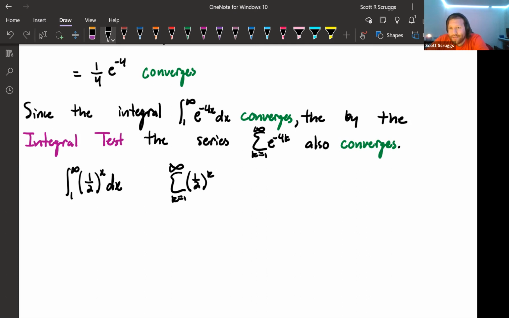Now that series, yeah, I could use the geometric series test and get that very quickly. And if you do, you get that equal to, actually, I got a better example for y'all. So let me change that real quick.